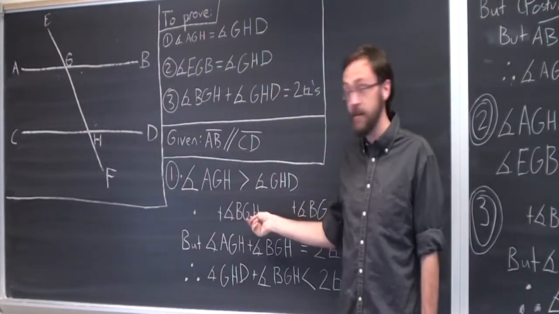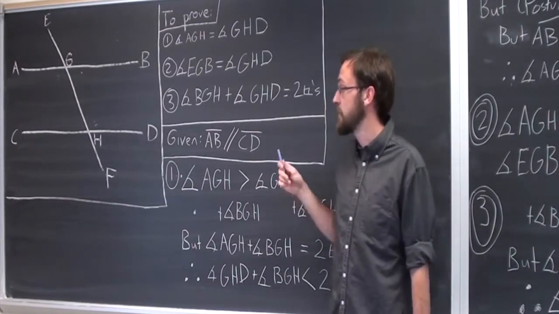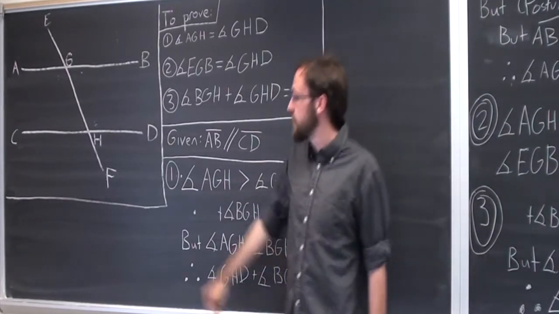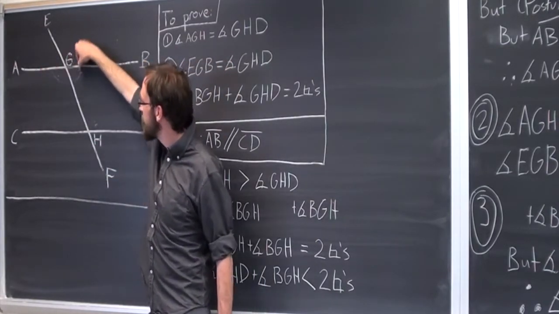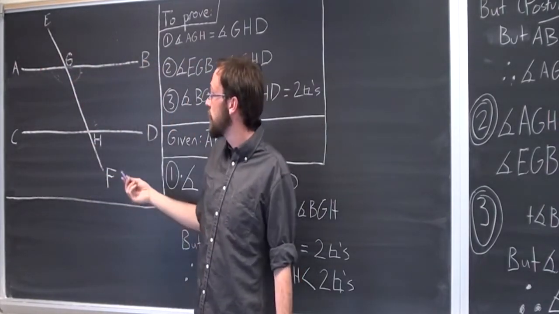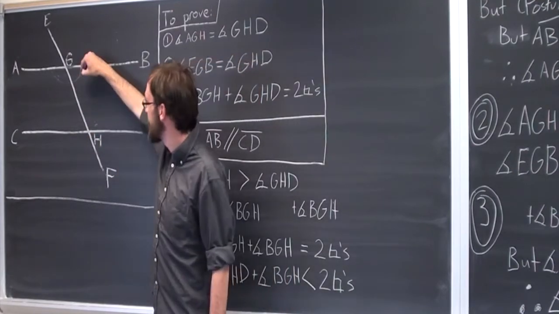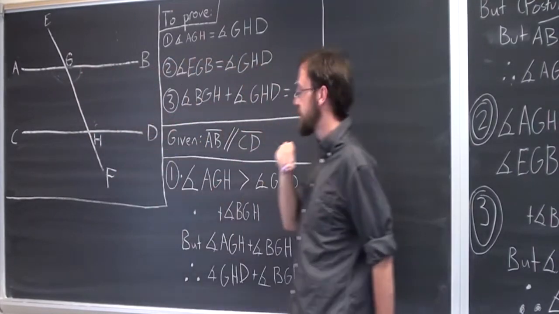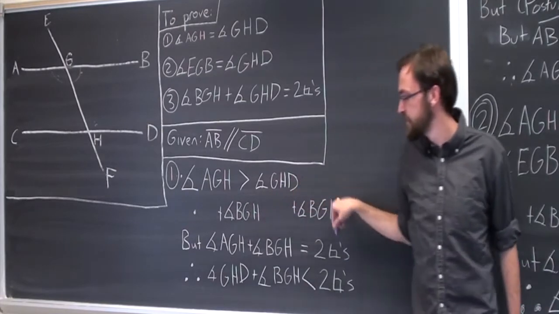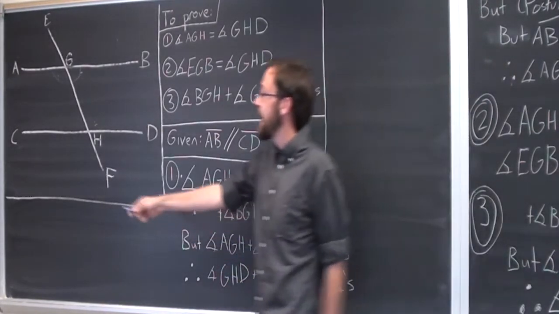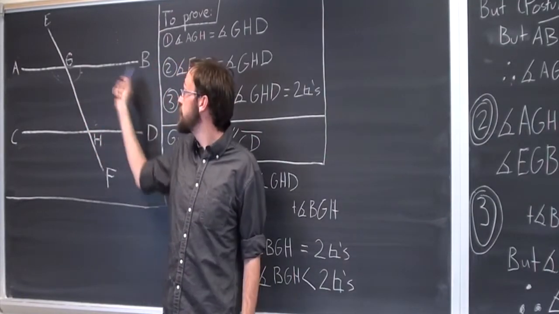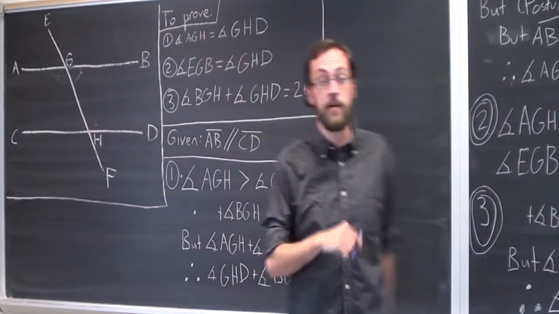We can begin by adding the angle BGH to both sides. So this one right here. So now we have that this entire angle is greater than this angle plus this angle. So that's what we have here. But we know that angle AGH plus angle BGH are equal to two right angles.